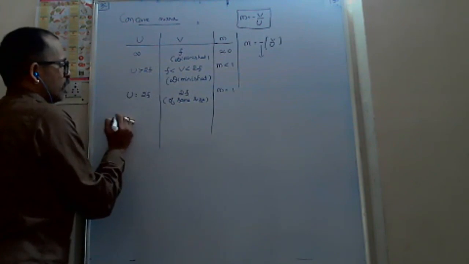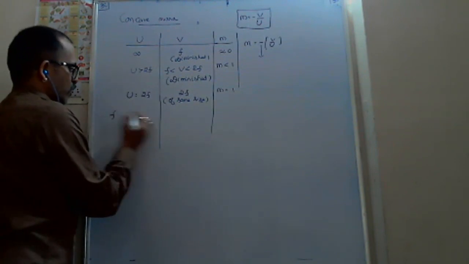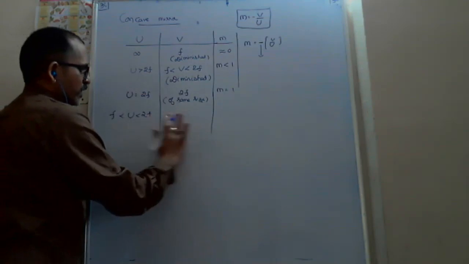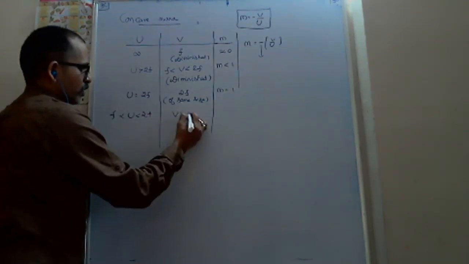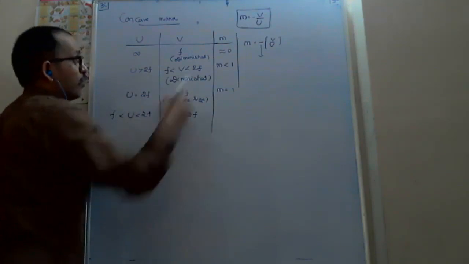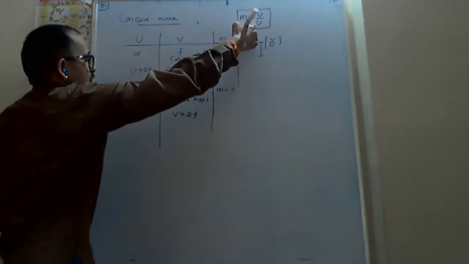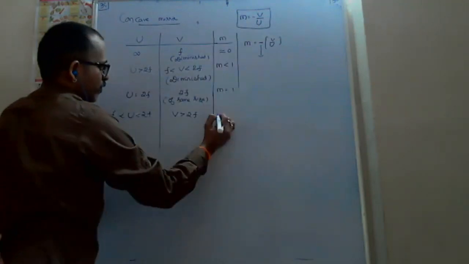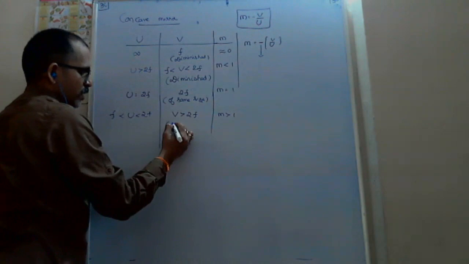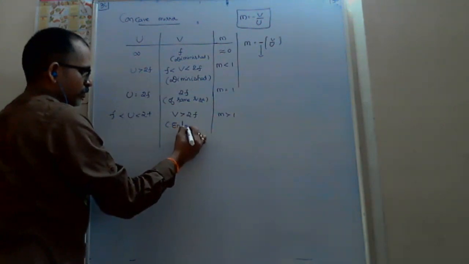The fourth one lies between f and 2f. This time v is greater than 2f, which means v is greater than u. If the numerator is greater than the denominator, the magnification will be greater than 1, so the image is enlarged.